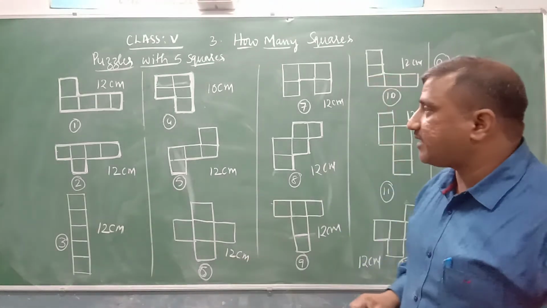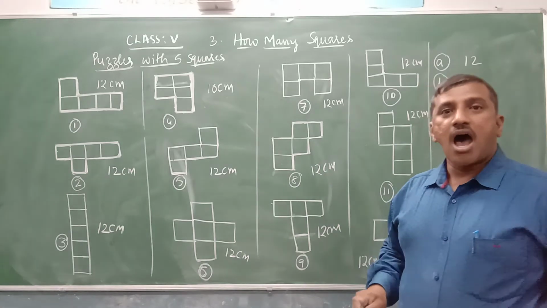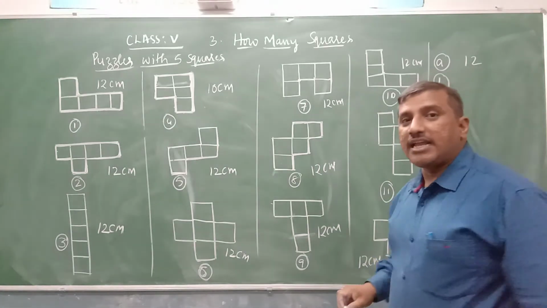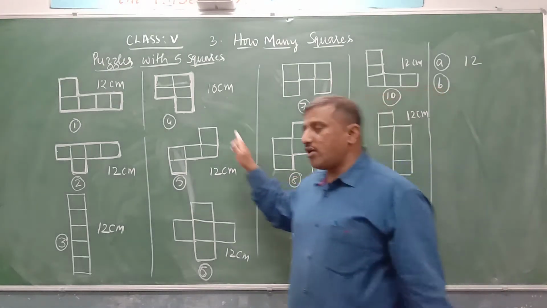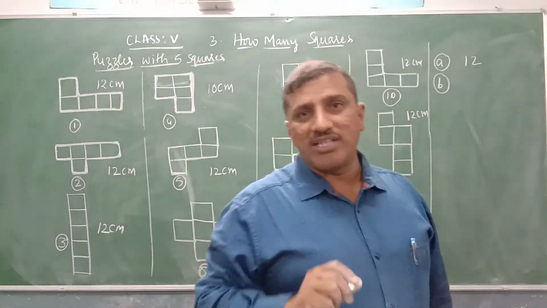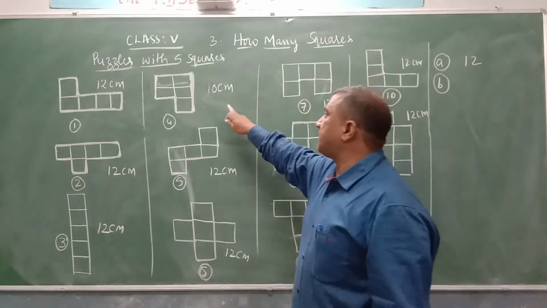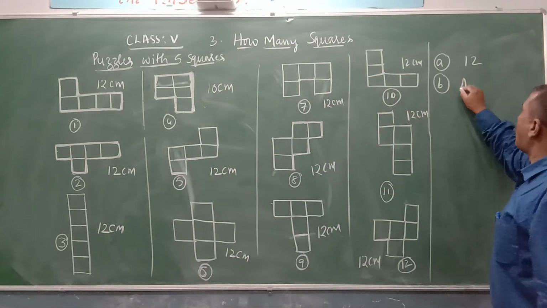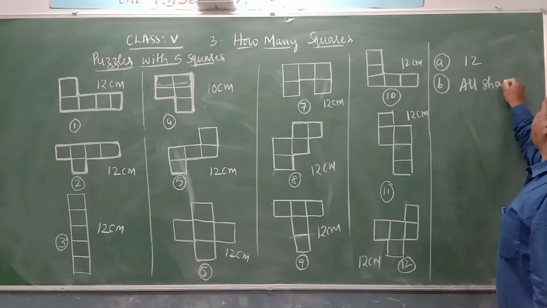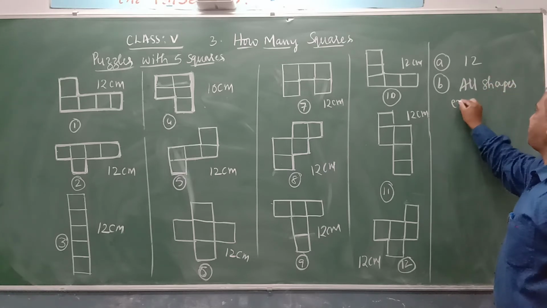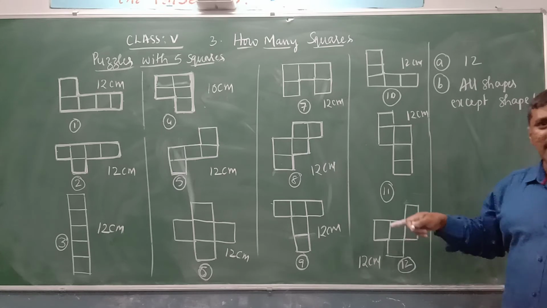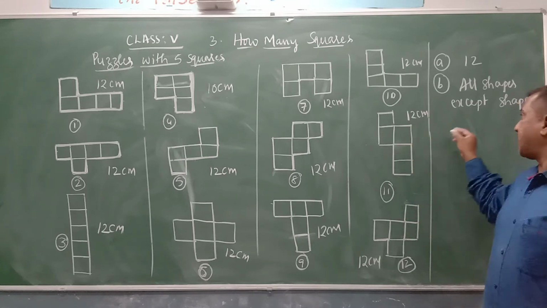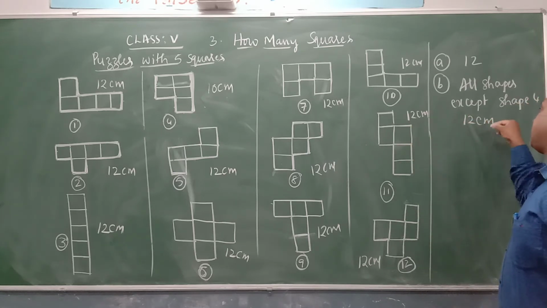Next, which shape has the longest perimeter? How much, dash centimeters. If you observe, we just found all the shapes have 12 centimeters as the perimeter except shape 4. So what can you write? All shapes except shape 4, 12 centimeters.